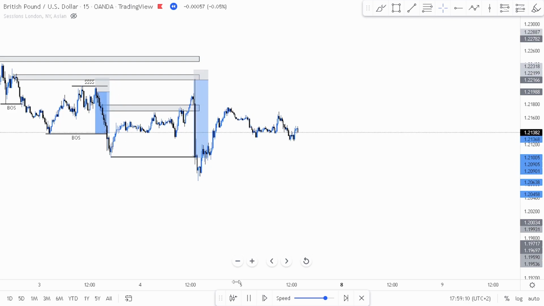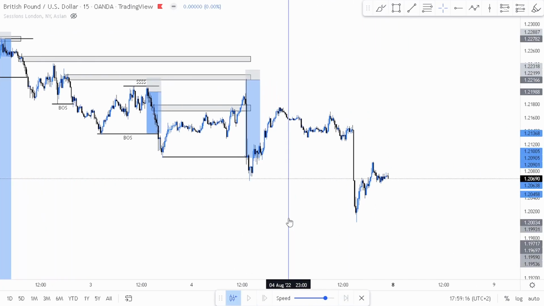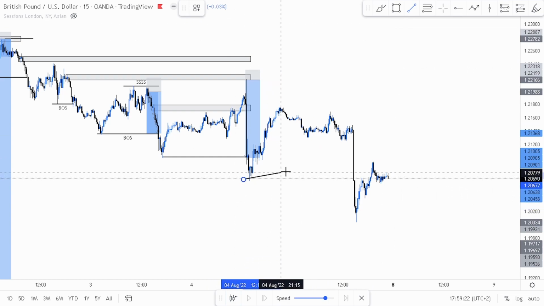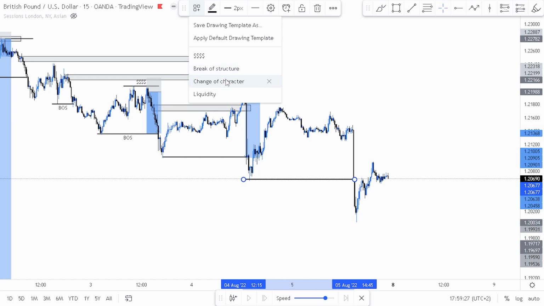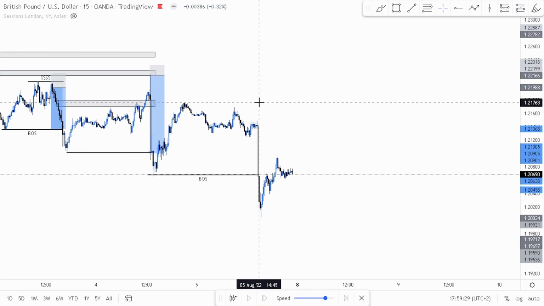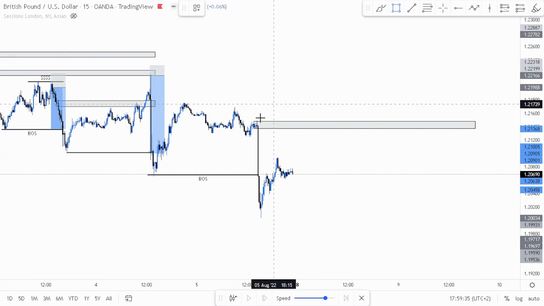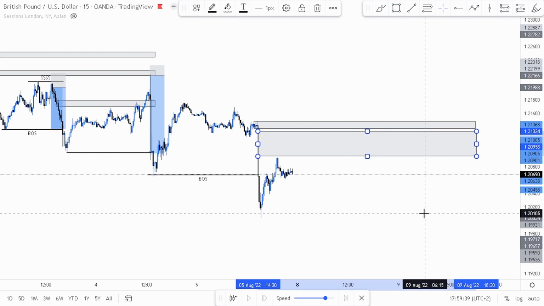So yeah, let me just quickly fast forward this. So basically, this is what has happened. This was the NFP move. So now we had a break of structure to the downside right over here, BOS. And now guys, we have our level of supply right over here, and look at all of this imbalance in the market which was created by the NFP.